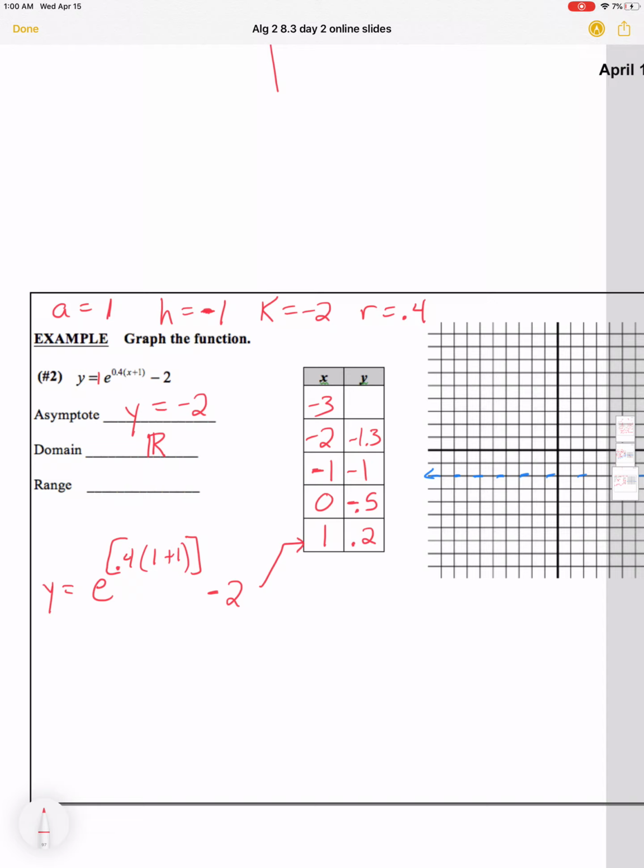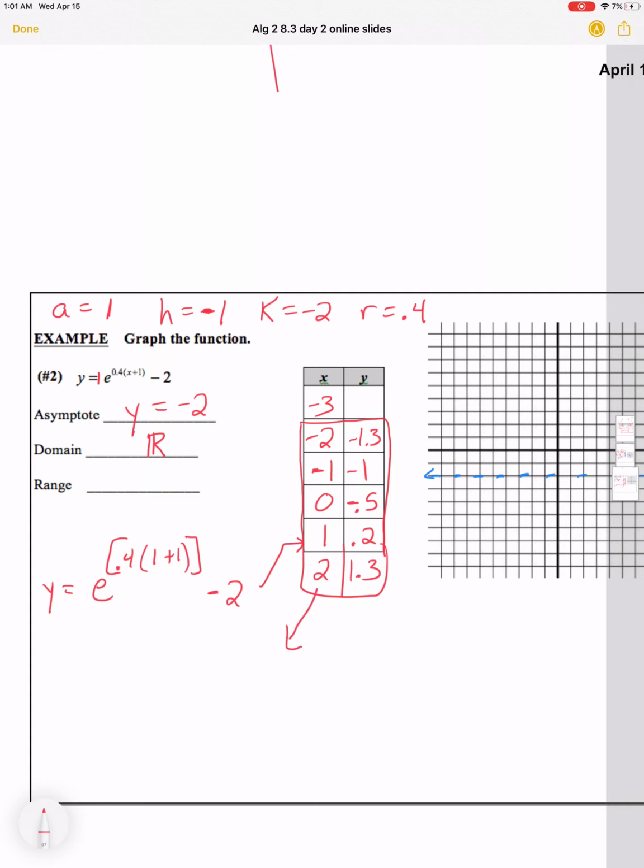And actually, I want to add one more number here. Let's do +2 just to get a better curve. If you plug in +2, you will get 1.3. Actually, these numbers are going to give us a better picture. So we'll do those. And again, let's say that we're going to plug in +2.